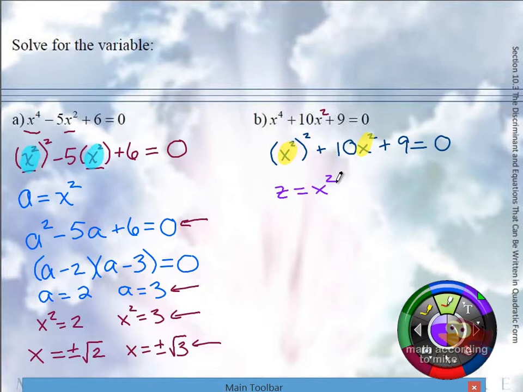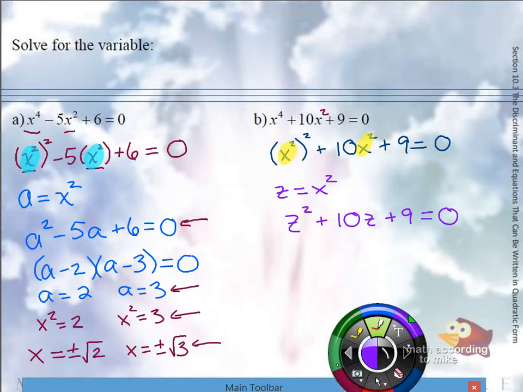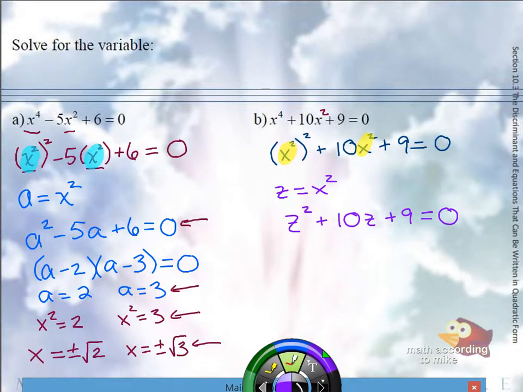So wherever I see an x squared, I'm going to put a z. So how does that rewrite? Z squared plus 10z plus 9. Good. How does z squared plus 10z plus 9 factor?